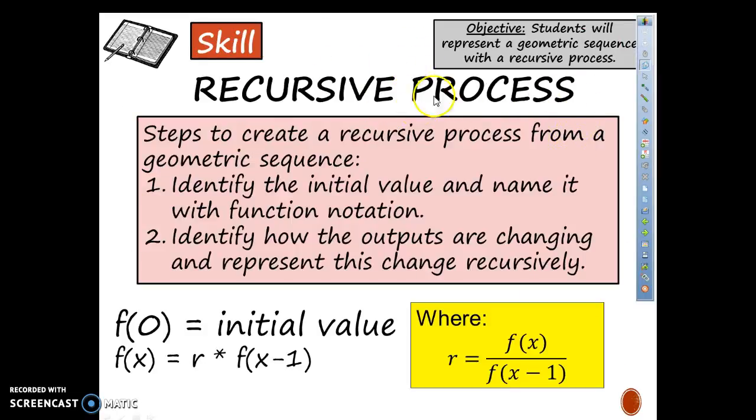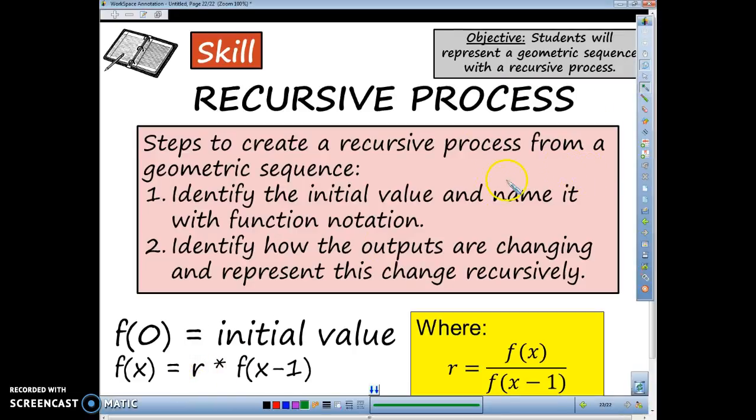Going over the recursive process, remember, in order to create a recursive process, you have to identify your initial value. f of 0 equals the initial value. And then, secondly, we identify how the outputs are changing. For geometric sequences, we identify our common ratio, where here R is our common ratio. So notice that this is not indicated on your notes.